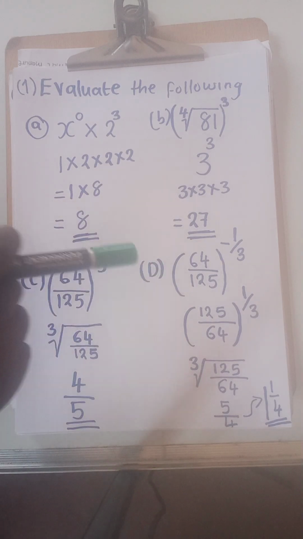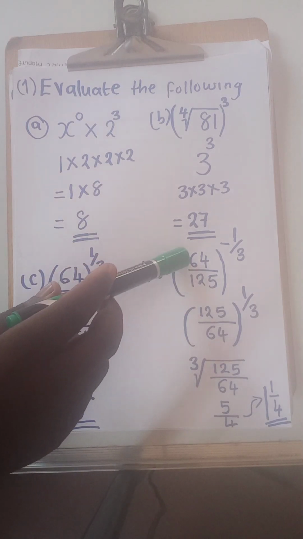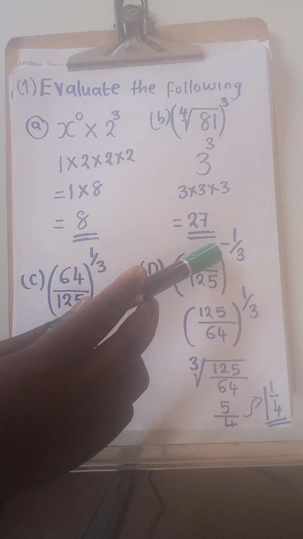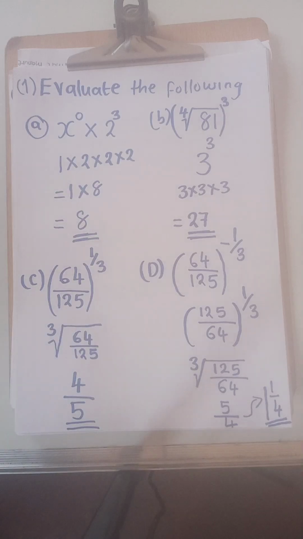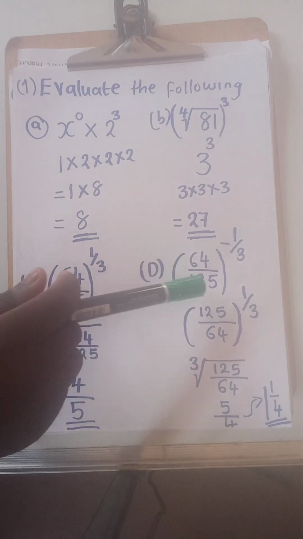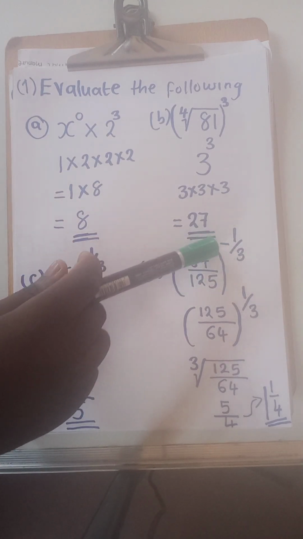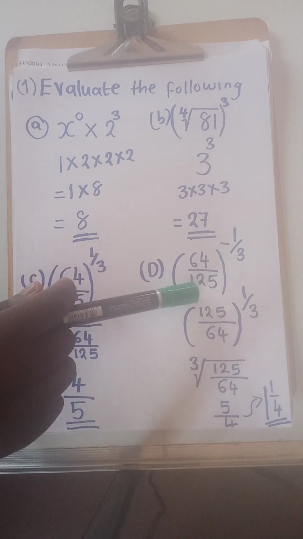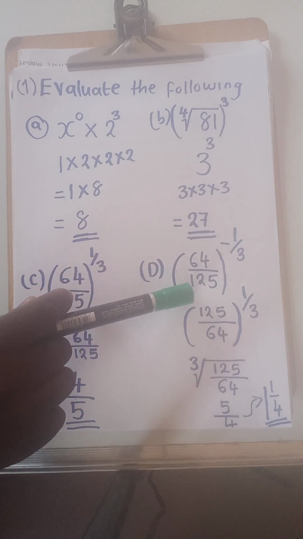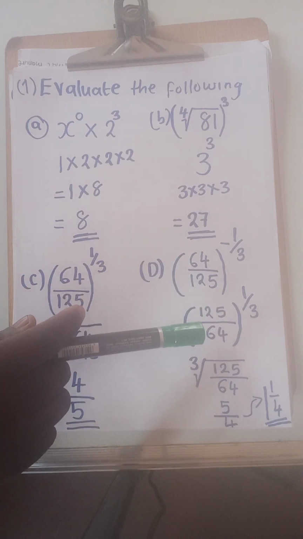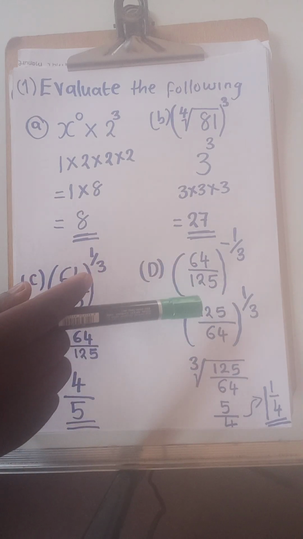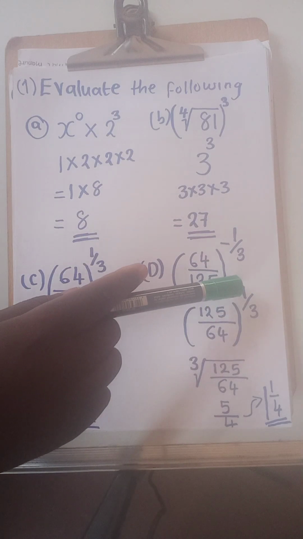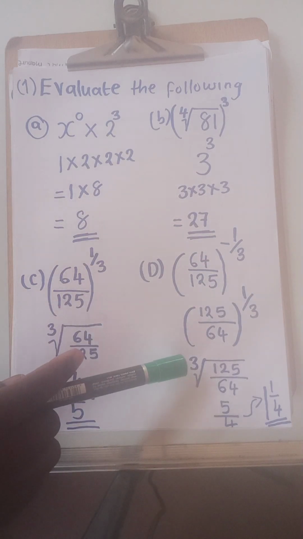We go to D. It says 64 over 125, close, to the power negative 1 over 3. The first thing you do, once you observe that the power has a negative, you change the numbers. That's the first step. So 125 goes up, 64 goes down. Once you do that, the negative will disappear, leaving 1 over 3. And then you do the same.